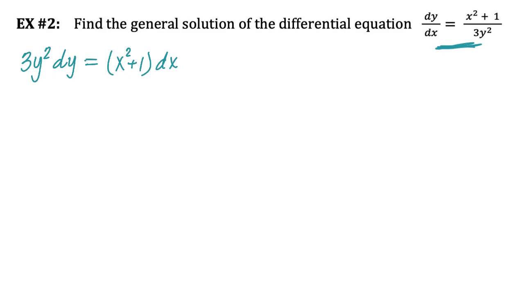That's what it looks like. And now we're going to integrate both sides. So 3y squared dy is going to be the integral of x squared plus 1 dx. And so here we're going to have y cubed.